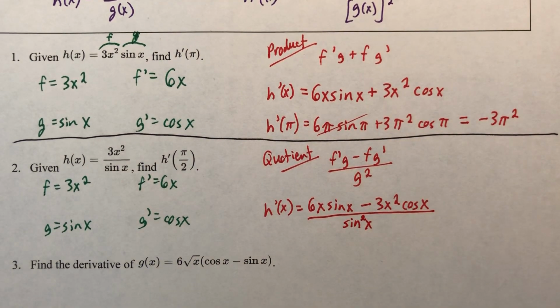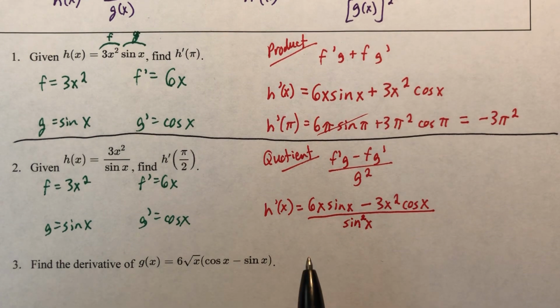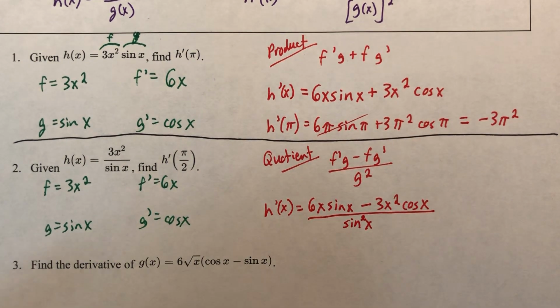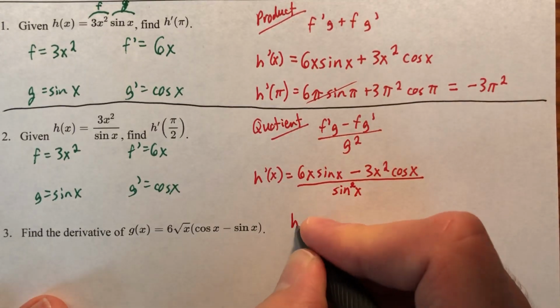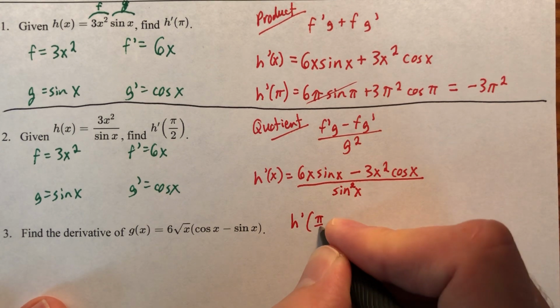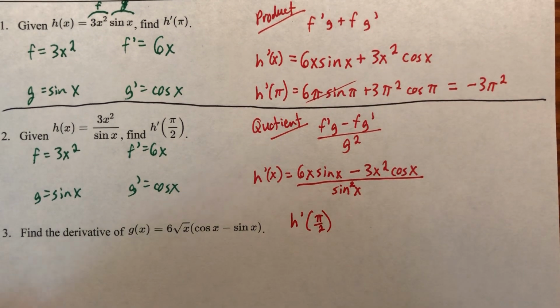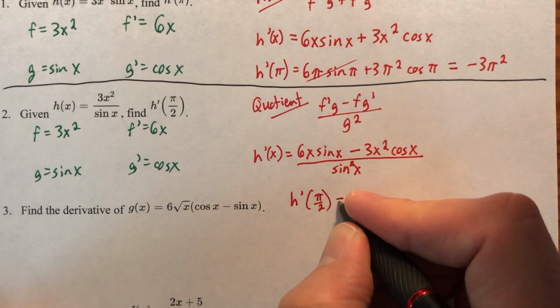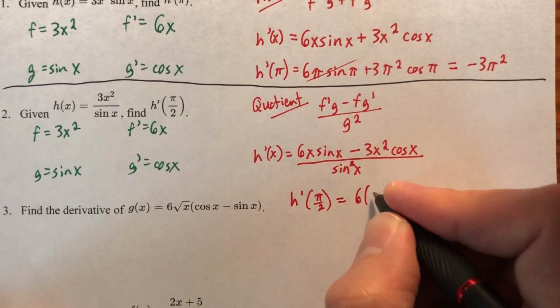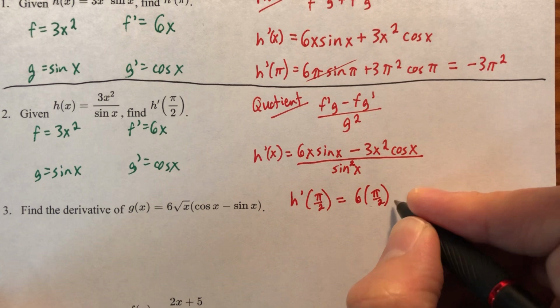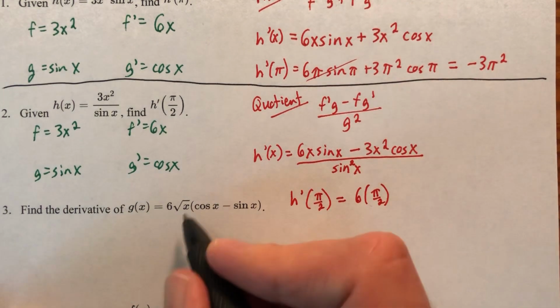Okay, I want to evaluate the value of the derivative at x value of pi over 2. So h prime, we're running into the space for the next problem. It's okay, I'm actually going to do that one on the board. And we will have 6 times pi over 2. You'll have enough room for it down here anyway. This one won't take up too much space.